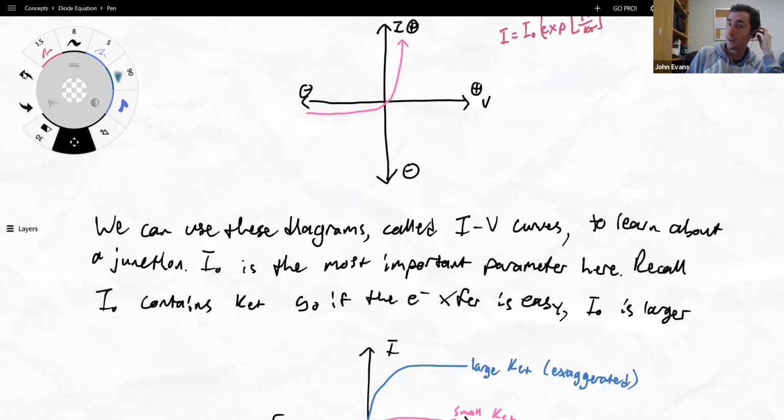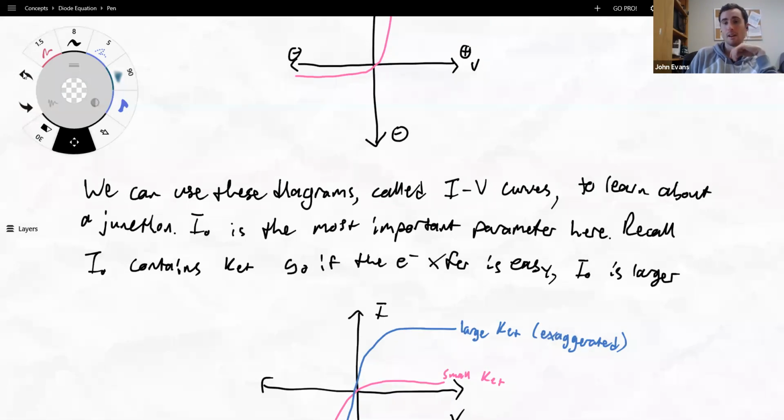So if you know I naught, you can figure out the kinetics of electron transfer across your interface. And also, because it contains this, you can use your chemical intuition to understand a few things. So if your charge transfer is really, really easy, let's say it's very easy to pull those electrons off your semiconductor, your electron transfer rate constant is probably really high, which means your exchange current is probably very high.